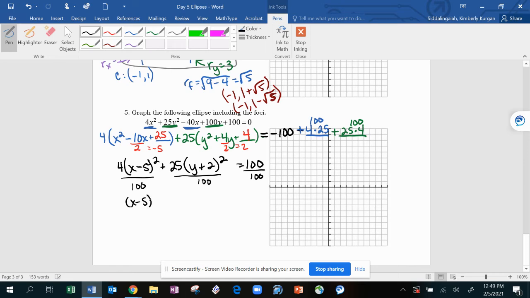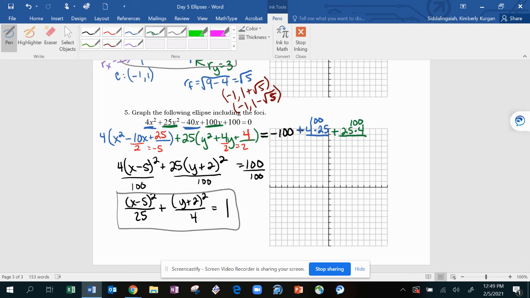So I have x minus 5 quantity squared over 25 plus y plus 2 quantity squared over 4 equals 1. And again, I'm going to outline this in gray because that is really the equation that we're used to working with now for ellipses.